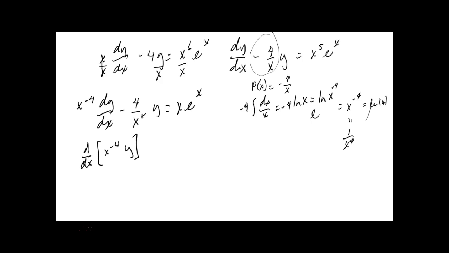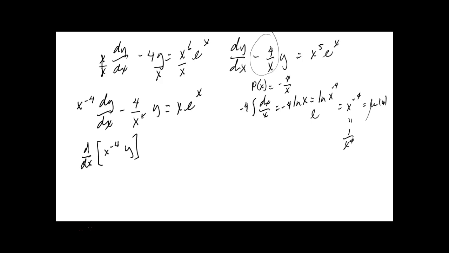So let's first do x to the minus 4 times the derivative of the second. It's the product rule: first times the derivative of the second, plus the second, there's your y, times the derivative of the first. What's the derivative of the first?